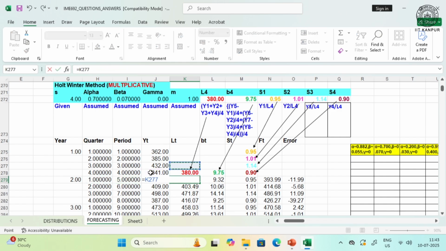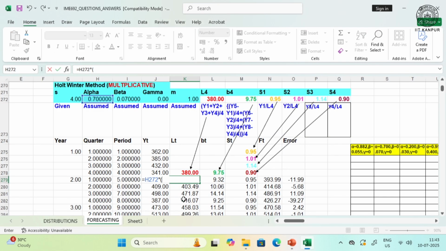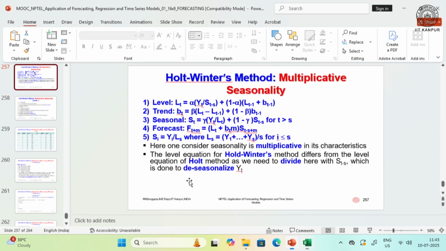So, basically alpha multiplied by yt, yt is given by J279 divided by the value which is st minus s.